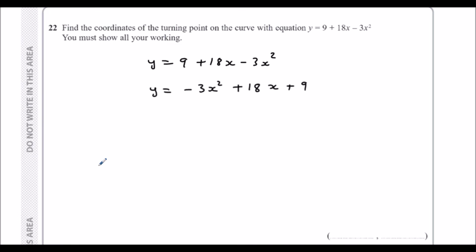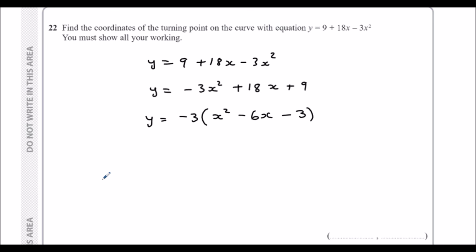Now I'm going to factorize out this coefficient of x squared, the number in front of the x squared, which is minus 3. So I'm going to take minus 3 outside the bracket. I've got minus 3 times x squared to give me minus 3x squared. Then minus 3 times minus 6x will give me 18x. And minus 3 times minus 3 will give me a positive 9.